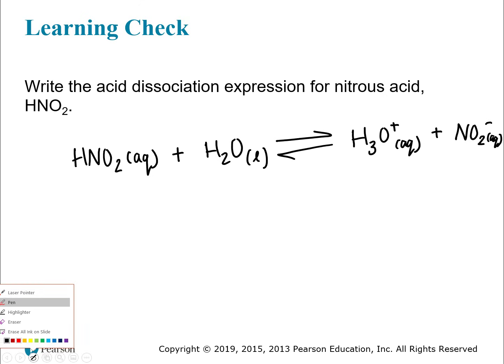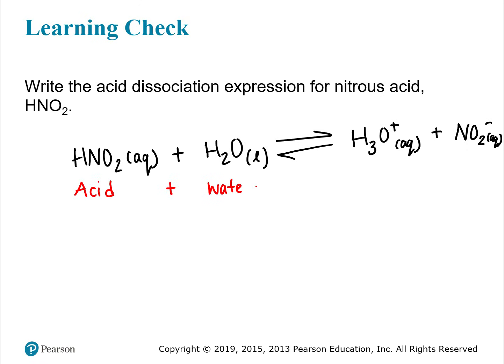So let's write some of these things down. When you're writing the dissociation expression for an acid, you have the acid plus water, the equilibrium, the hydronium ion, plus what you're essentially writing is your acid minus one hydrogen.